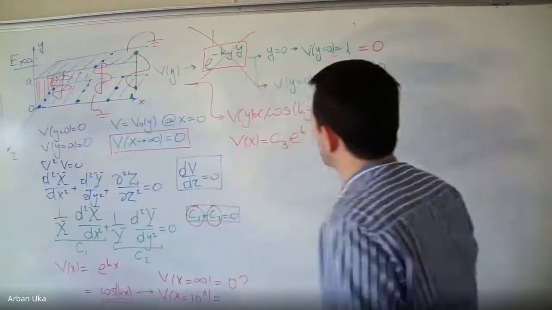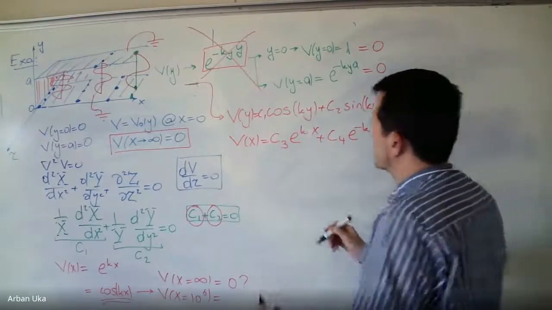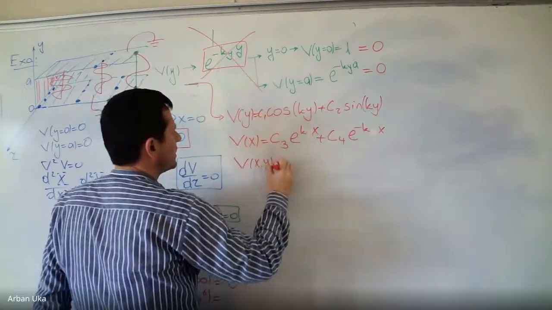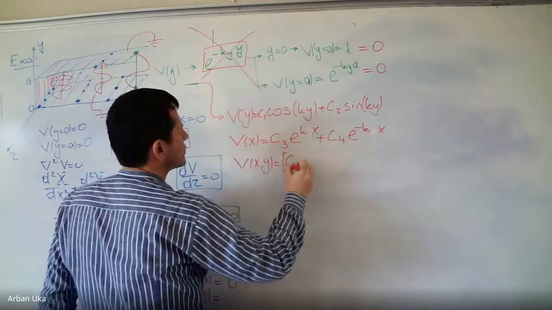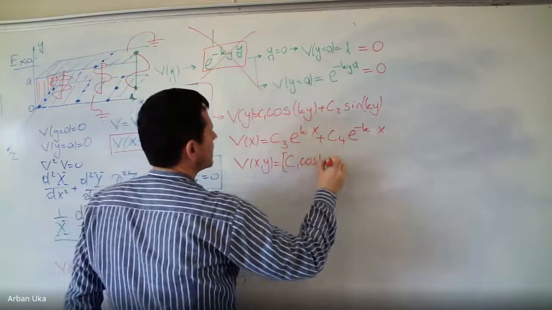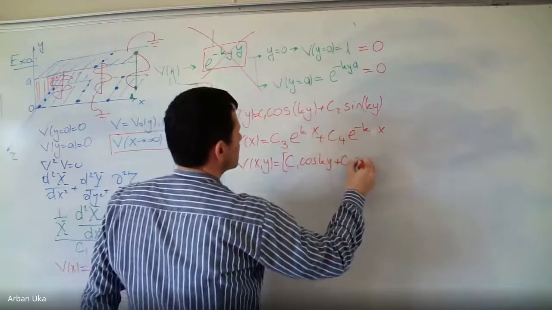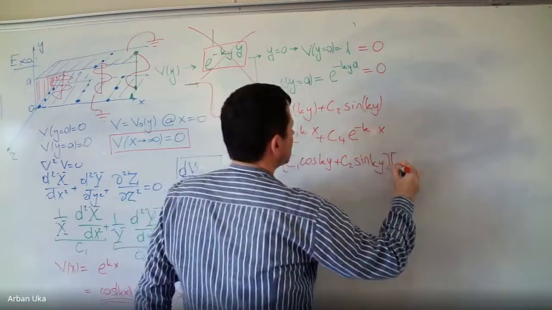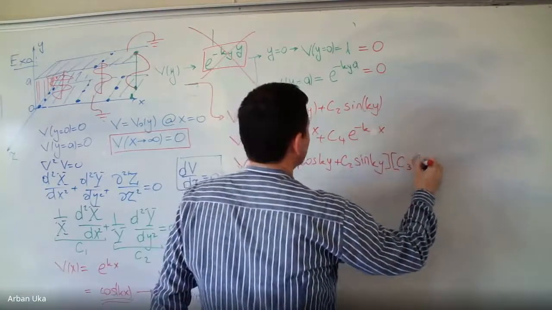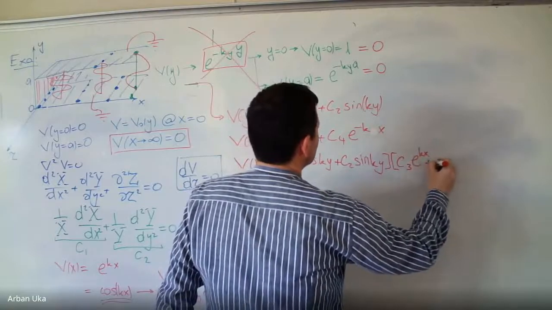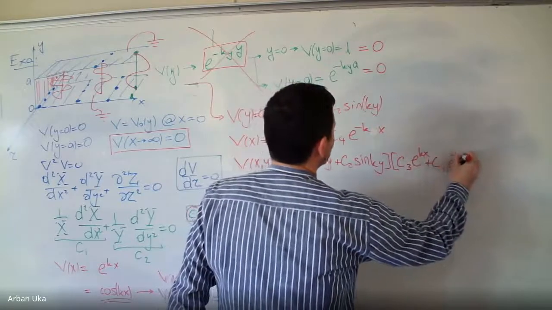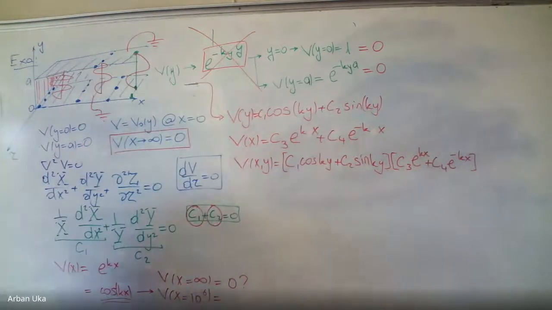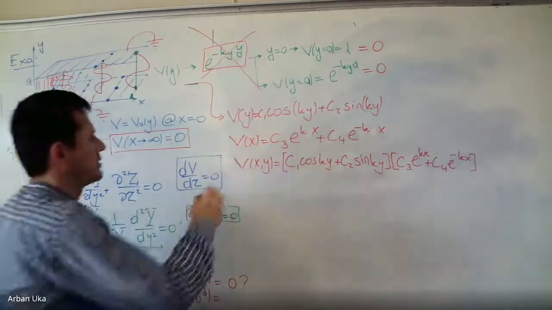So the potential V as a function of x and y is equal to the multiplication of c1 cosine ky plus c2 sine ky, multiplied by c3 e to the power kx plus c4 e to the power minus kx. So this is our potential. We found the solution.